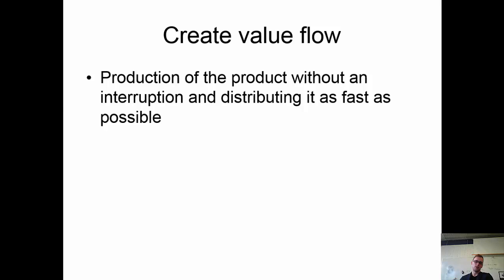Creating value flow, it's basically production of the product without any interruptions. Like we get the material, we immediately start on producing the parts, then assembling the parts without any pauses and any gaps, and distributing to the shops as fast as possible.